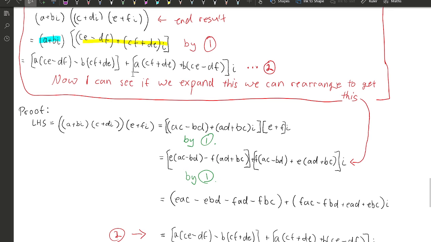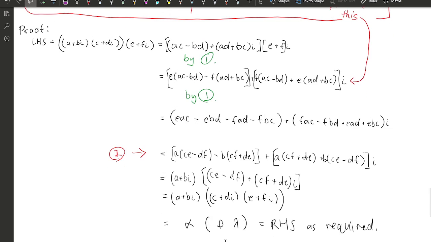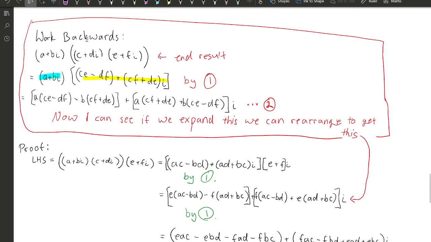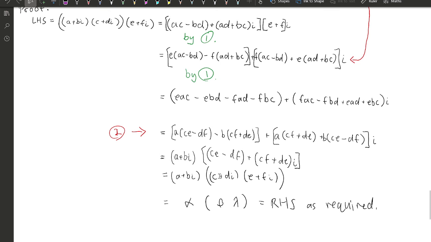So I'm using 2. We know that that equals that, and then we just reverse the steps from our working backwards. So now it's working forwards to get to our end result. So we just reverse these steps, and we get alpha times beta times lambda, where beta times lambda are in brackets, which is the right-hand side.